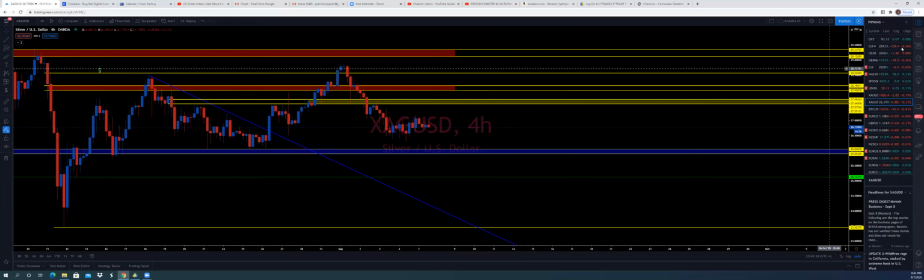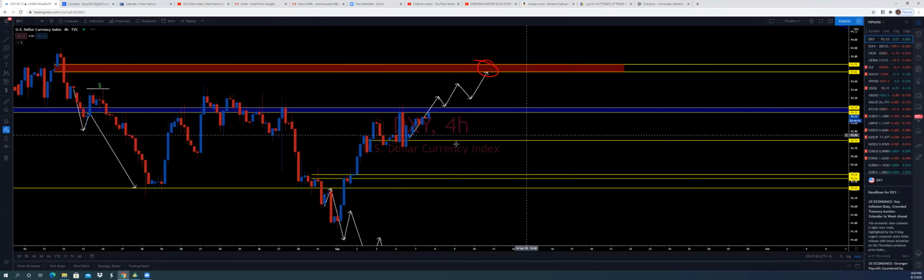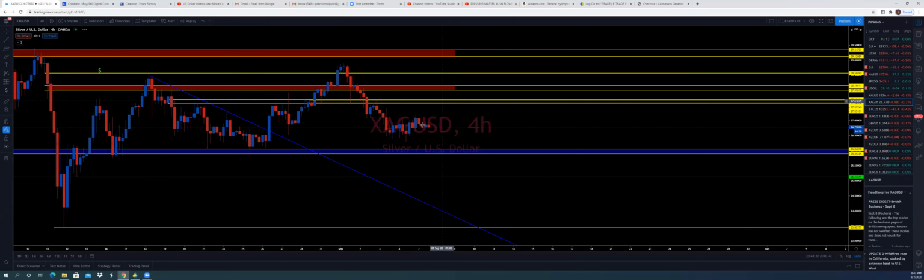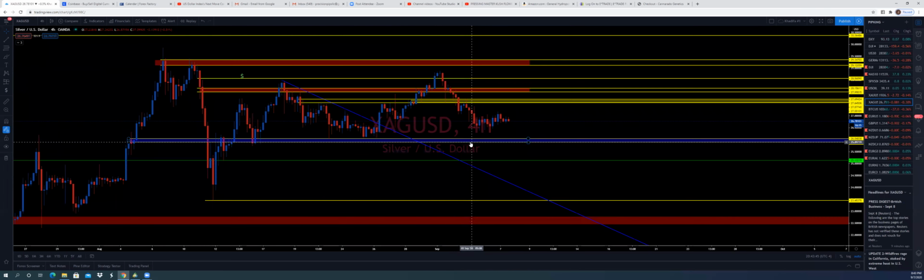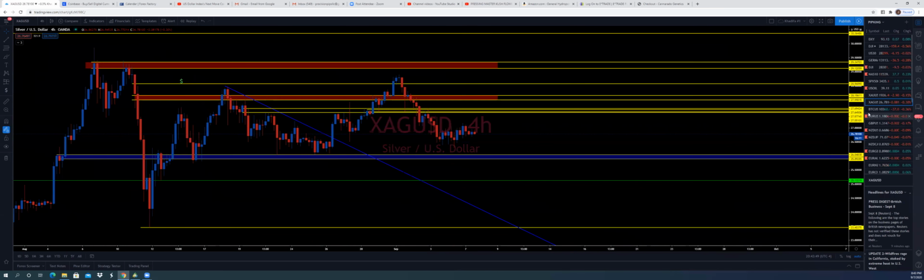And if the dollar continues to push to the upside here, I will expect silver to come back down and retest $25.13. 25.13 right here, this green line. So that's what I'm gonna be looking at for silver to start the week out with.